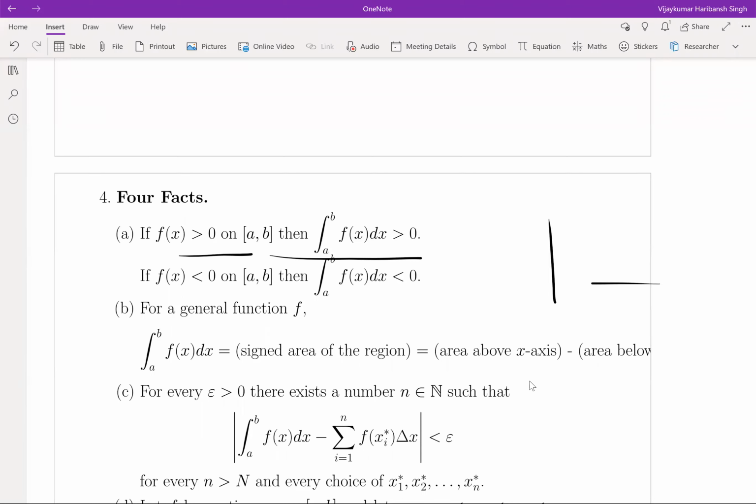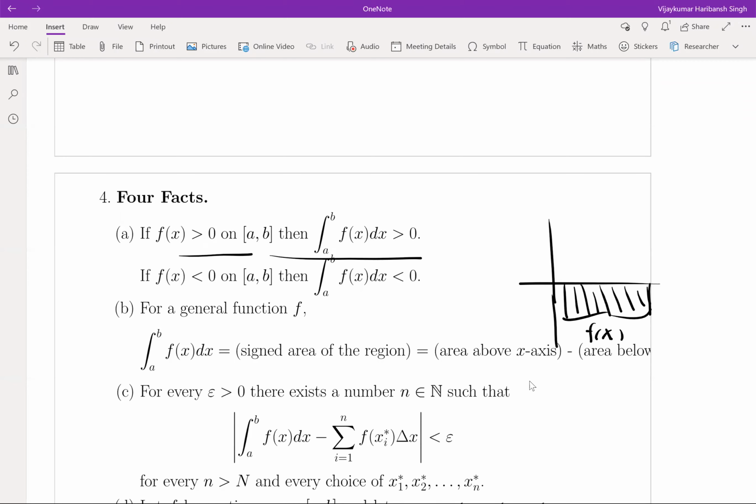Similarly, suppose this is your f of x and this is the area. If f of x is less than 0, then the integral represents this area, but with a negative sign. There's another way to look at this.